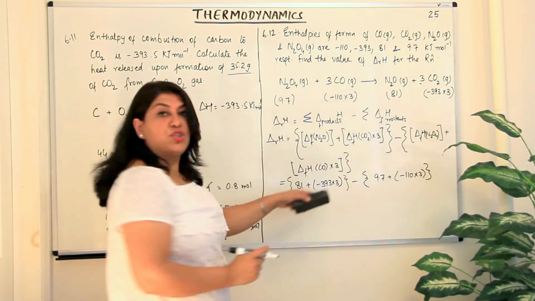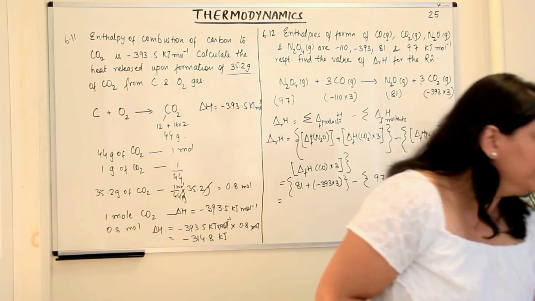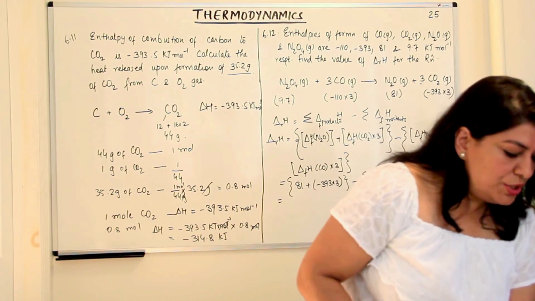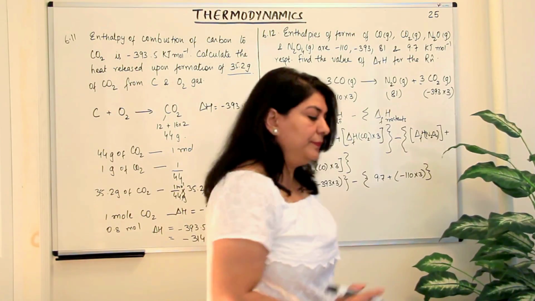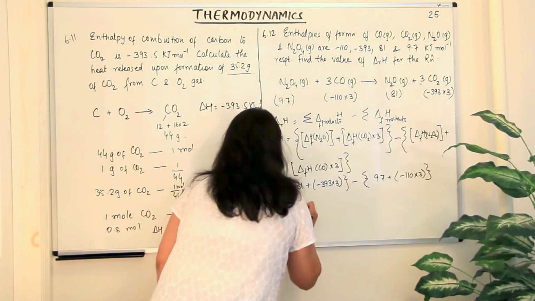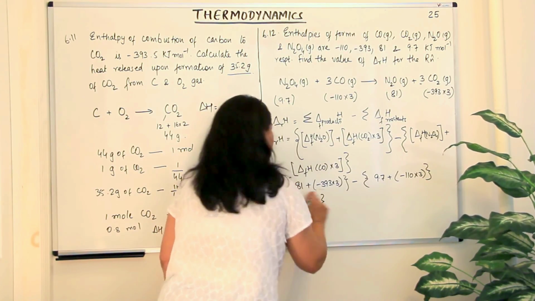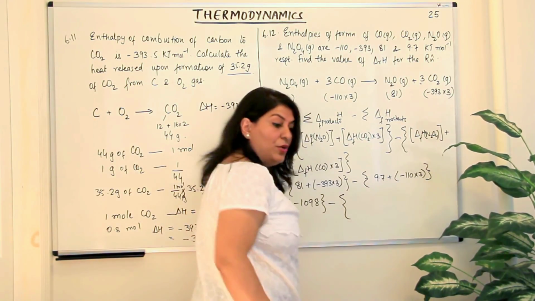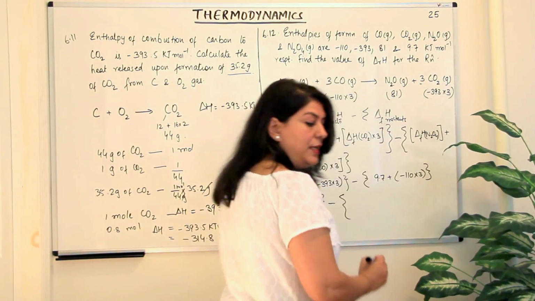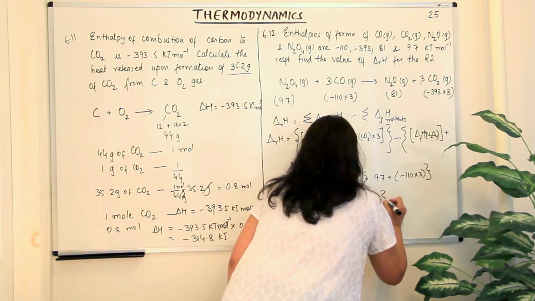Right? Now when we solve these, what do we get? We get minus 1098, and when we solve this we get minus 320.3.